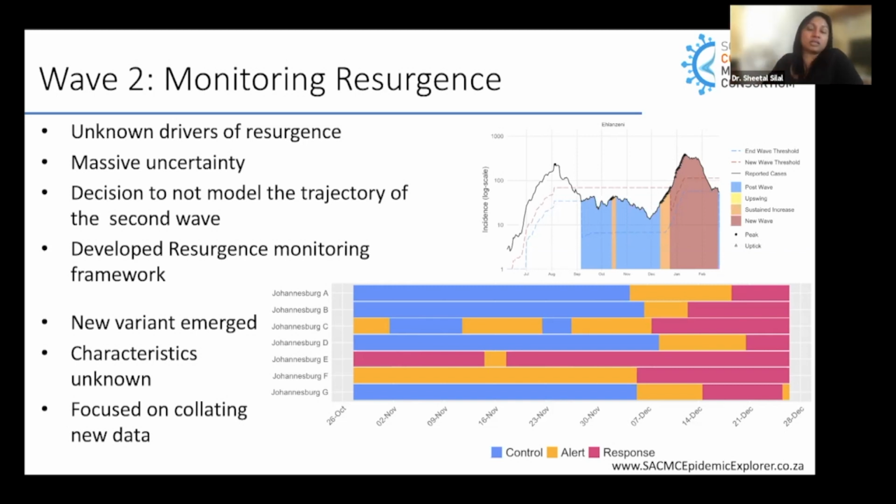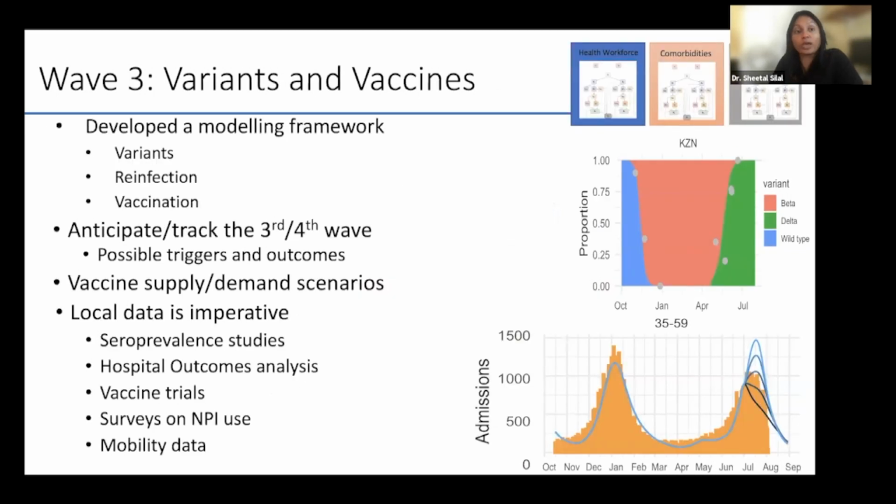And so we started collecting more data, so that when wave 3 modeling was required in January of 2021, we were able to adapt our models once again to be useful. And so this is exactly what we did. I revamped the modeling framework to incorporate variants, to incorporate reinfection and cross-infection, as well as to incorporate vaccination.